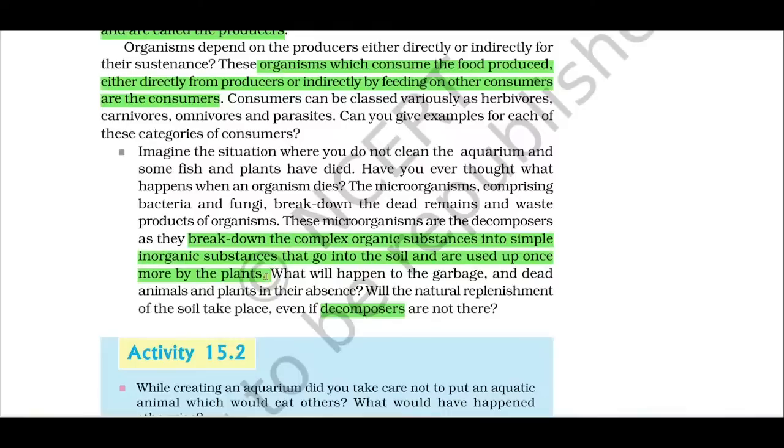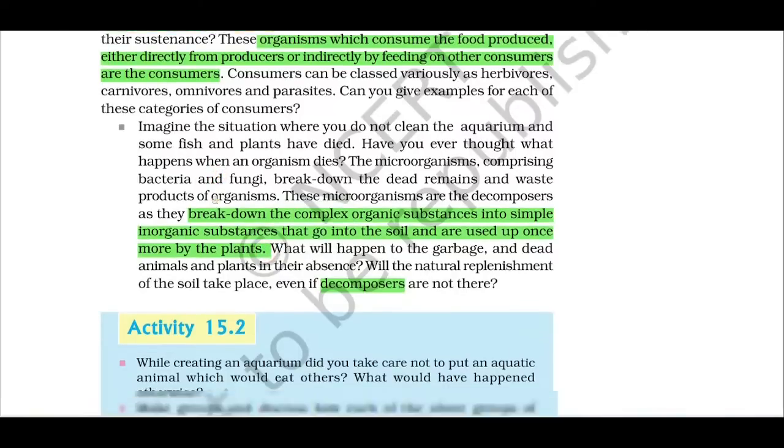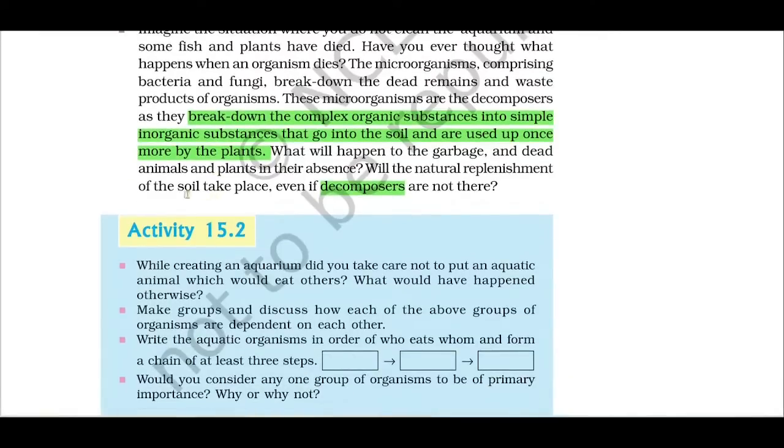This is the role of decomposers. What happens if there are no decomposers? That's a very important question. What happens when the decomposers are not there? The complex organic substances will not be broken down into simpler inorganic substances, and the recycling of these substances will not take place.